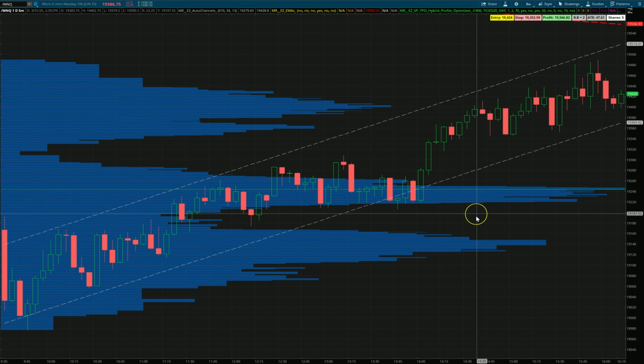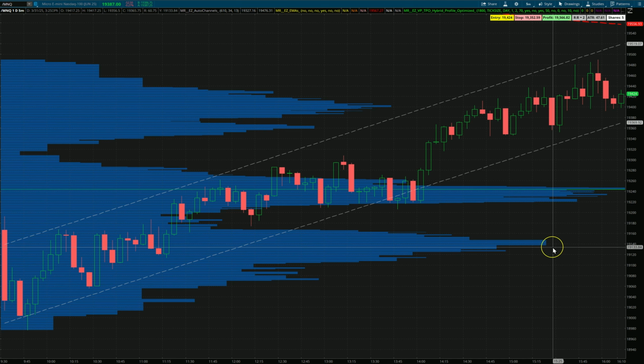In an uptrend, that's what you want to see: the point of control moving up. In a downtrend, the point of control is moving down. So it's just purely following volume, or volume as it evolves.